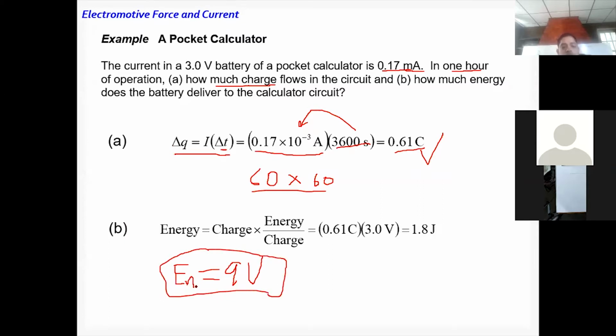So in this case, what is Q? Q is 0.61 times V. What is your V? 3 volt. If you multiply this together, then you get 1.8. What is the unit of energy? Joule.